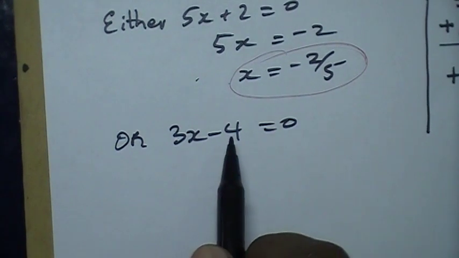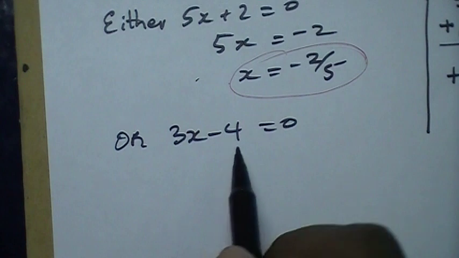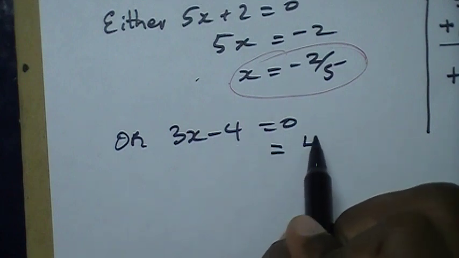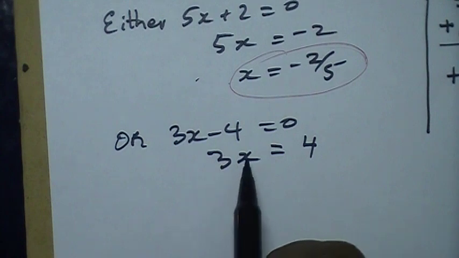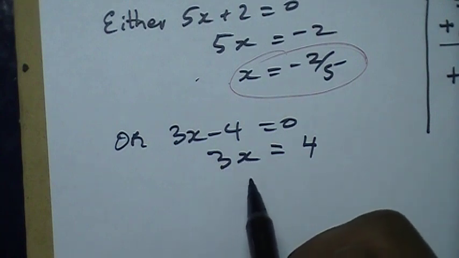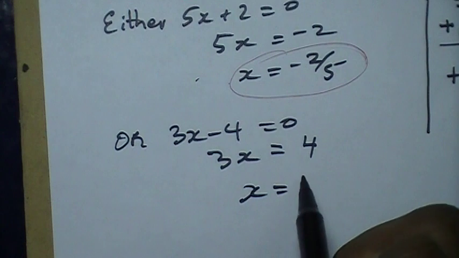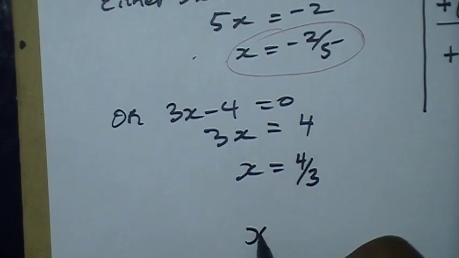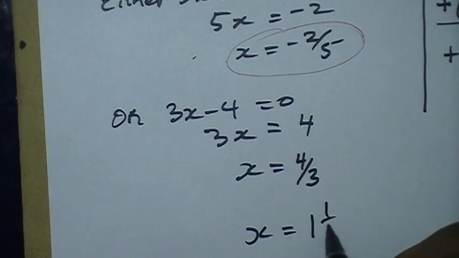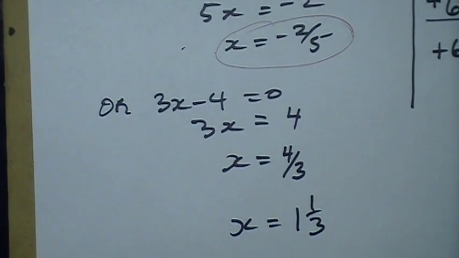To get rid of this, we need to add 4 to both sides. It will cancel. And then to get rid of this 3, it's multiplying x, so we divide both sides by it, and we have x equal to 4 over 3. And of course, if you feel more comfortable, you can put it as 1 and 1/3. So that will be the second solution.